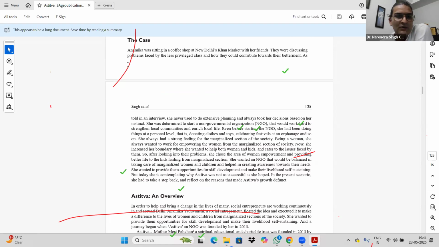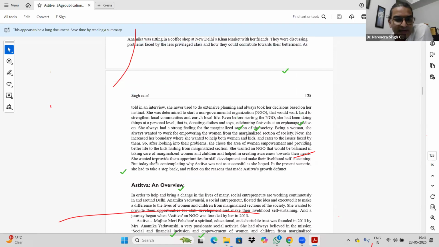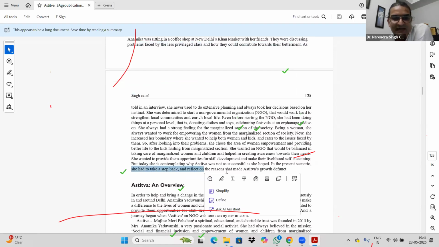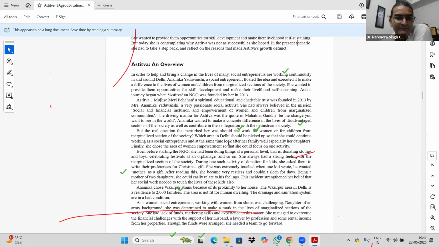Now they have given the background of the case, what the case is all about, what she wanted, but today she is contemplating why Astitva is not as successful as she hoped. So now you want to understand the reasons behind it. You have an interview with the founder, and whatever she has told has been documented.